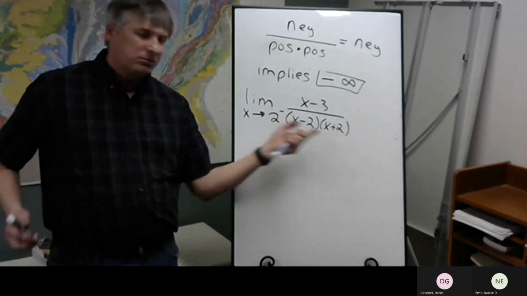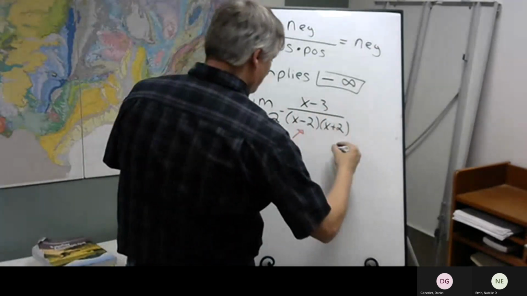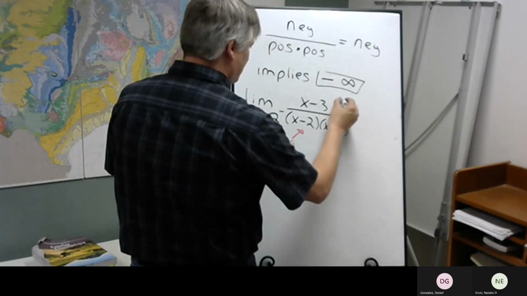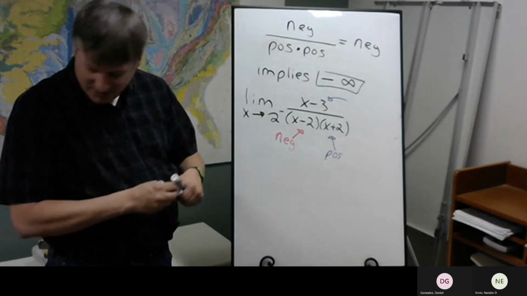Now 1.9 plus 2, that's going to be positive. But then 1.9 minus 3, that's going to be negative again.